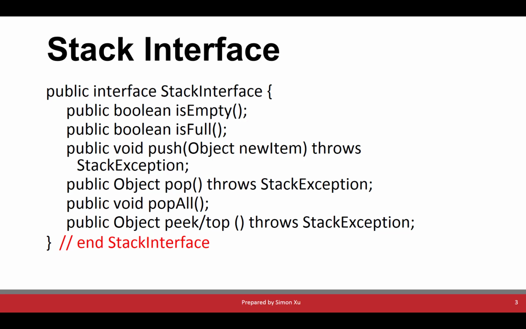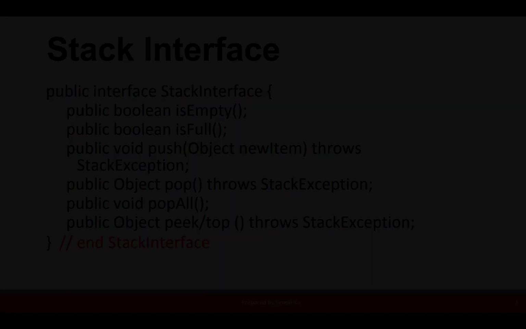And then we can use object references to create links between objects. As you see, here 2 student objects are linked by the student reference or next reference inside the object.